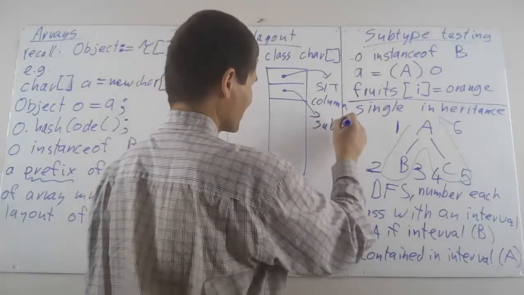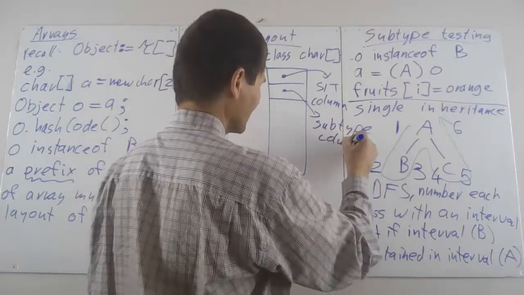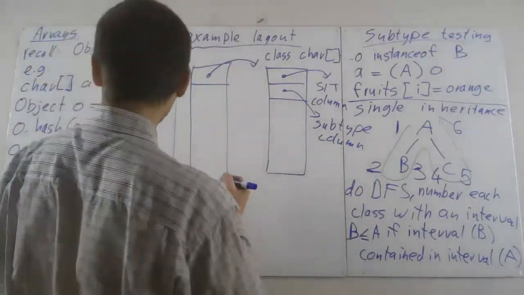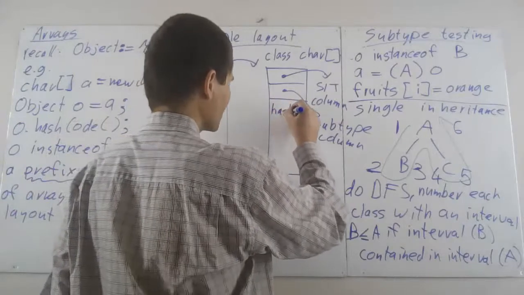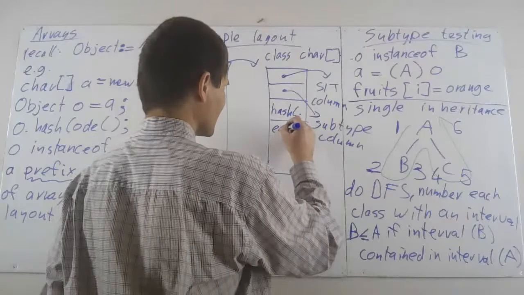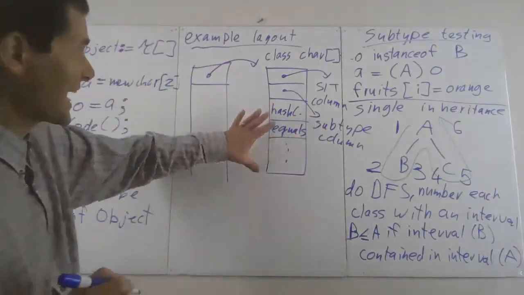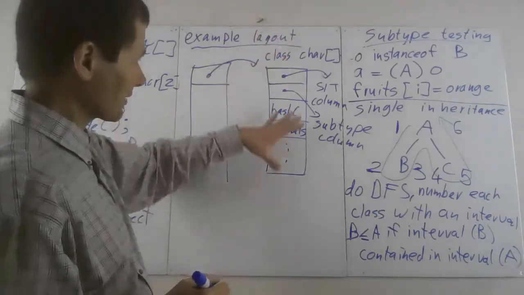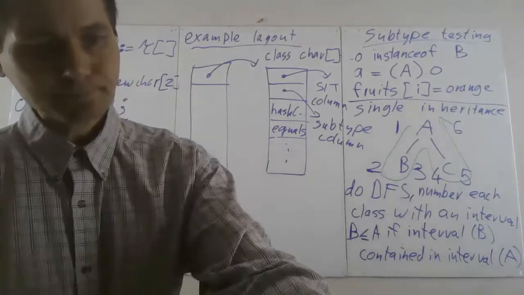So I'm just going to say subtype column. Right, and then the various methods of object, right? So hashCode and equals, right? And whatever methods object has, they have to be in the class information for an array type.